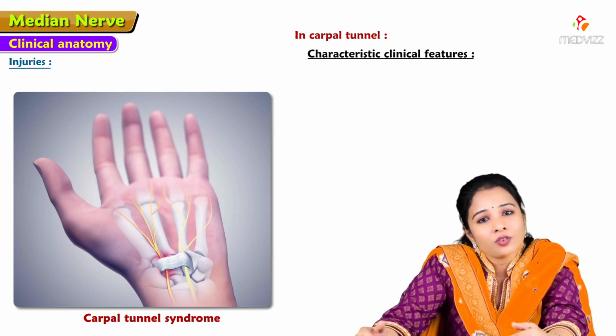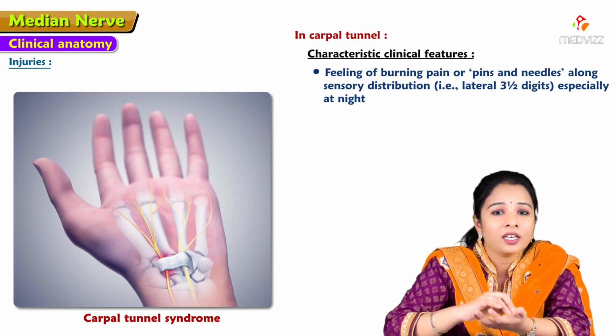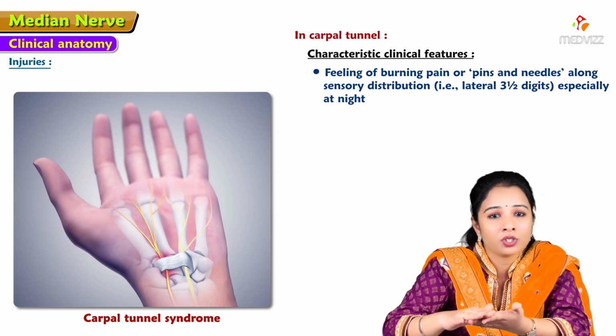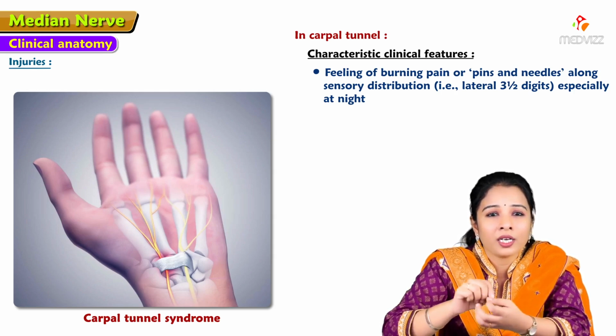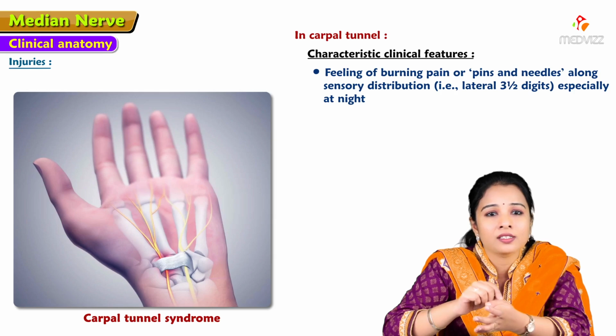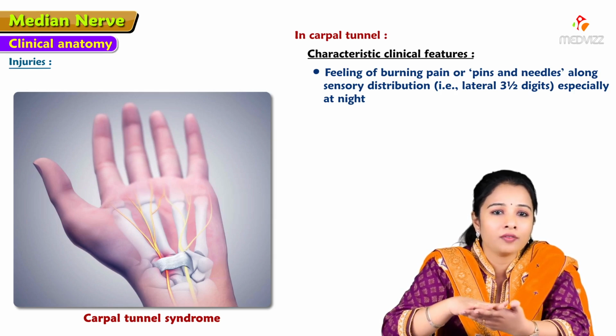The characteristics of carpal tunnel syndrome are feeling burning pain, pins and needles along the sensory distribution of the median nerve. So the lateral 3.5 digits, especially at night, will feel like burning, pricking, pins and needles. That kind of sensation is felt along the lateral 3.5 digits.